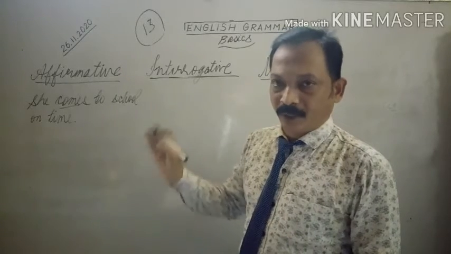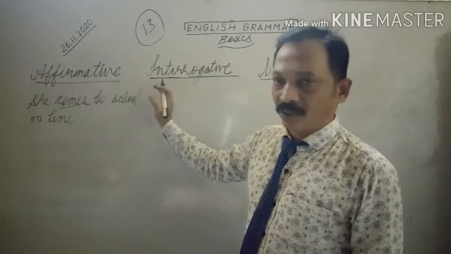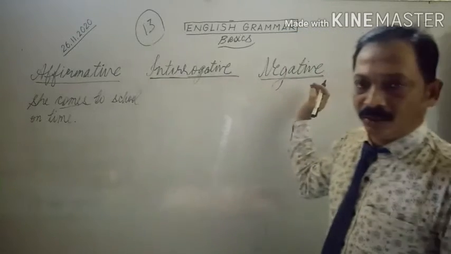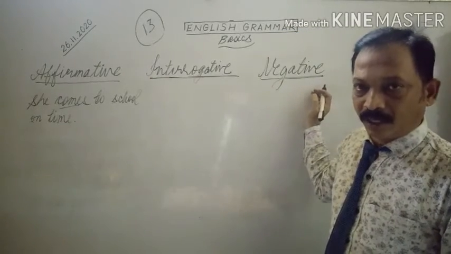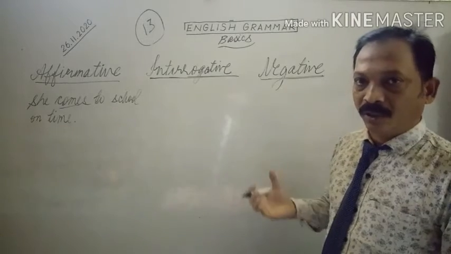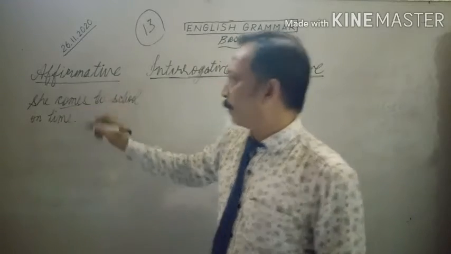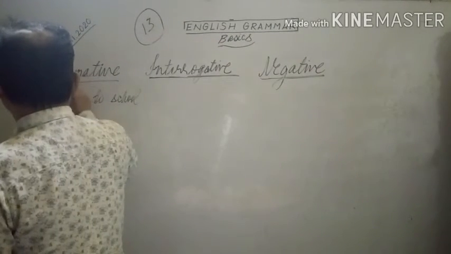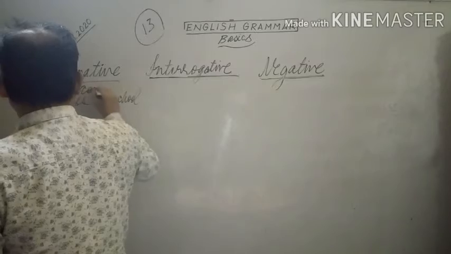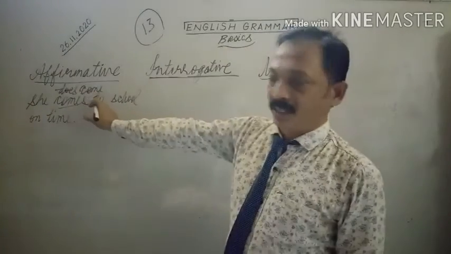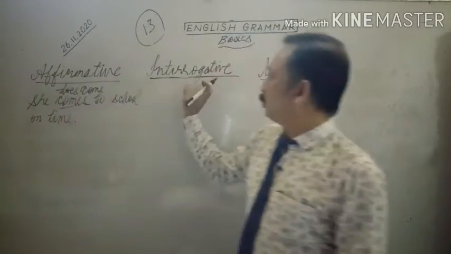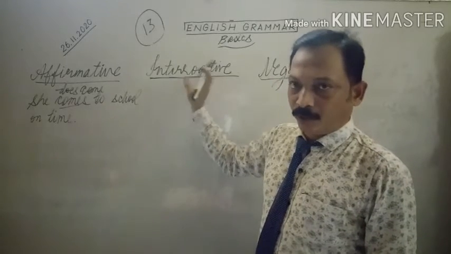Place the helping verb first in the case of an interrogative sentence, or add no or not to the helping verb directly in the case of a negative. So let's first take out the helping verb. Comes means does come. Now it has become easy. The rule of an interrogative sentence is the verb first.